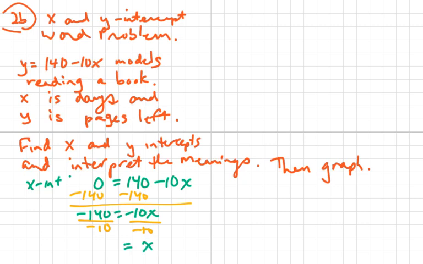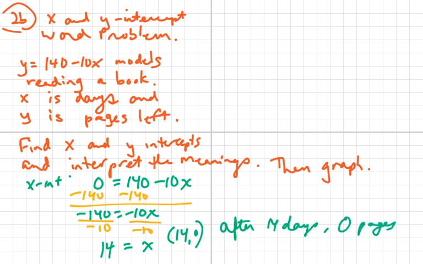And X equals 14. So the ordered pair is 14, 0. So what the heck does that mean? So 14 is X. X is days. So after 14 days, you have 0 pages left.